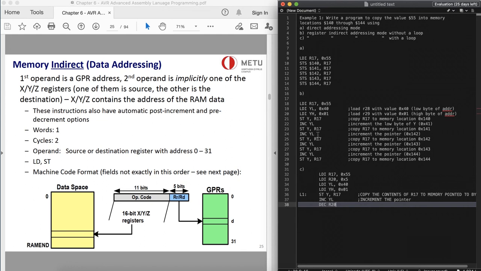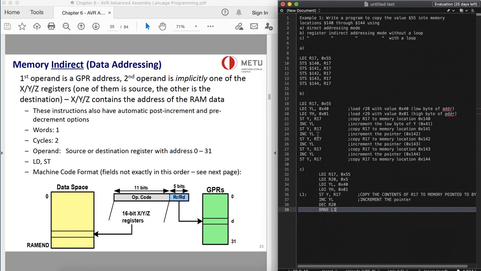So that's going to be R20, and then branch not equal L1. So if it's not 0, carry on until we finish. So 5 down to 0, it will be counted.